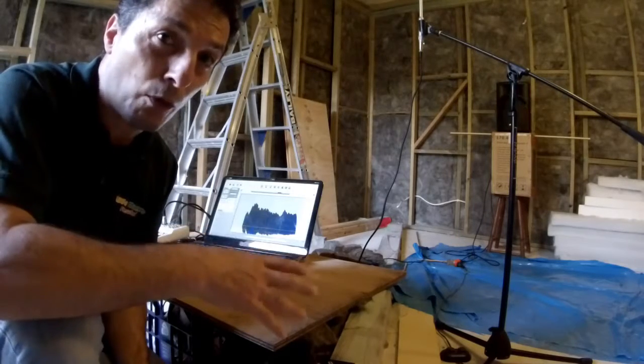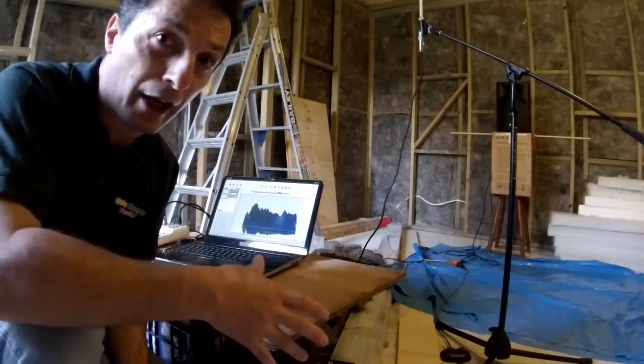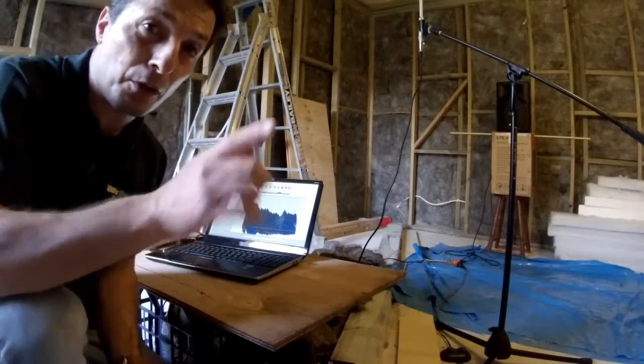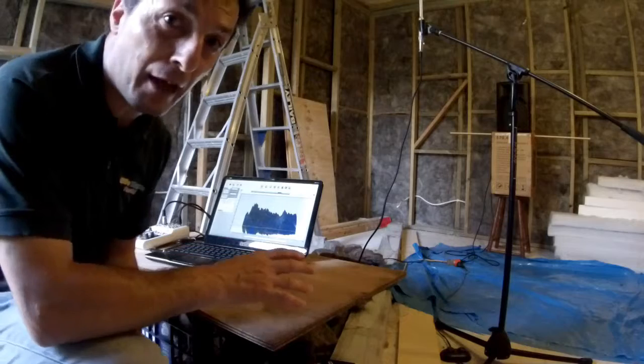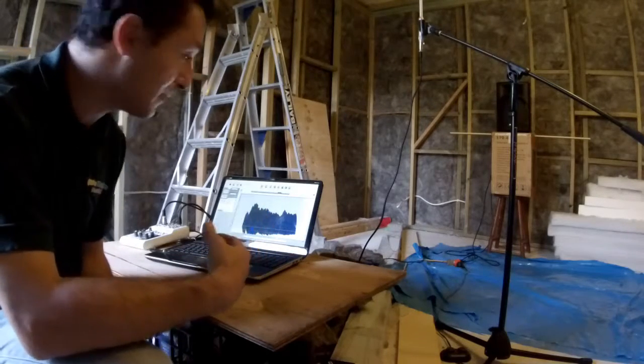Now the waterfall graph tells us how quickly a sound is actually dying. So I'm just looking at the graph, which I will show you on the screen, of the waterfall before any insulation was in here. And as you can see, especially in the lower frequencies, about 120, 130 hertz, we have quite a bit of fall there, over 300 milliseconds.